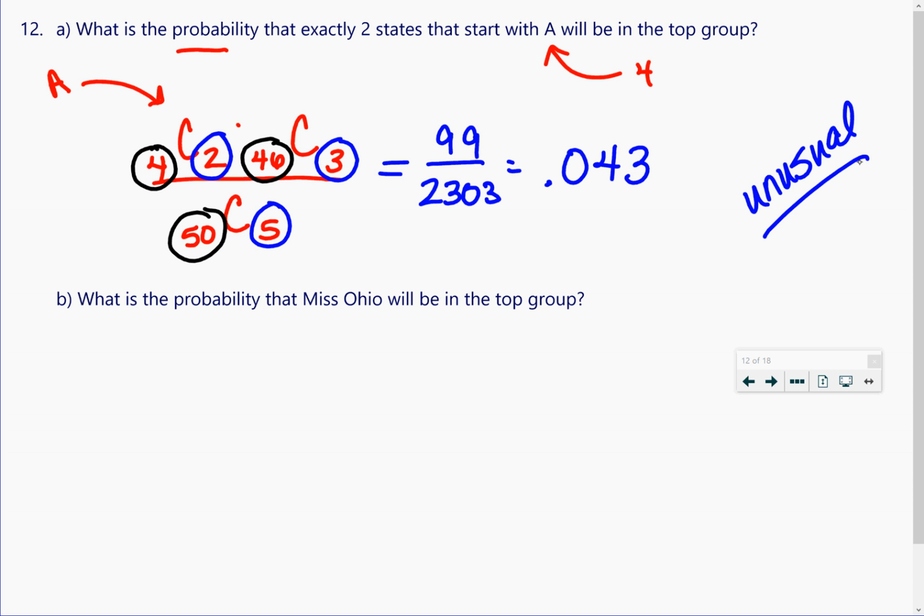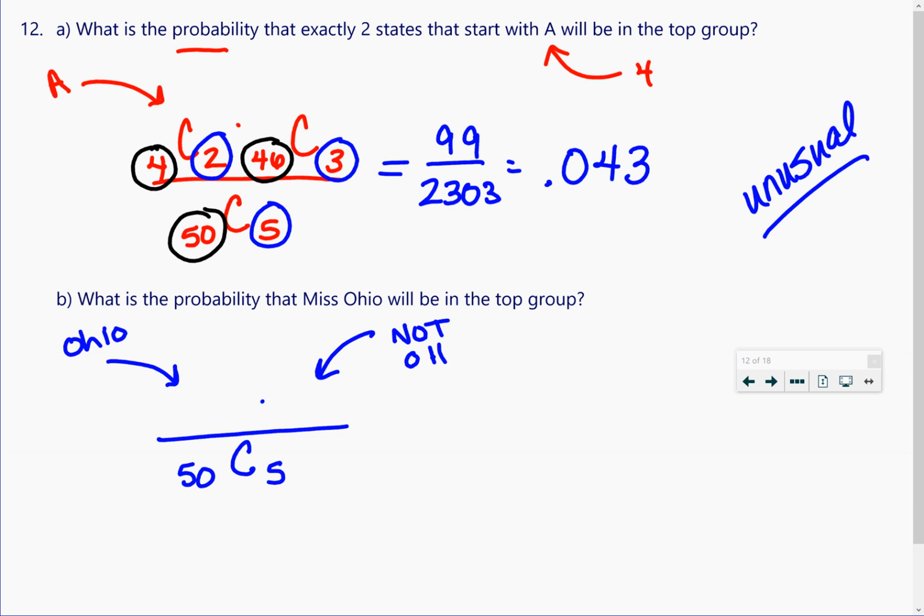Okay, what is the probability that Miss Ohio will be in the top group? So this is worded a little simpler than the last problem, but it is the same setup. So we've got 50 choose 5. And the first selection will be Miss Ohio, and the second selection or selections will not be Miss Ohio.